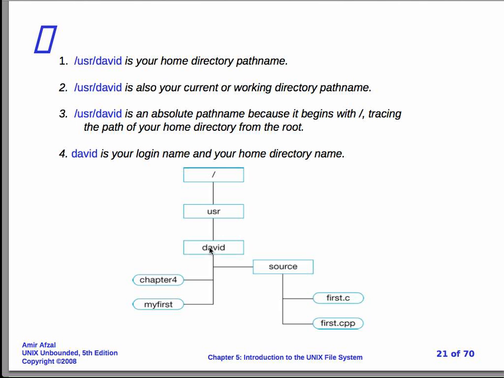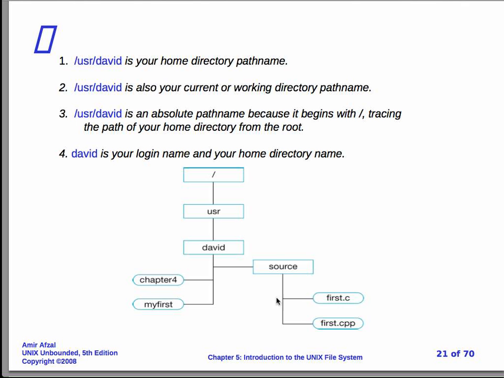If you say source/first.c, you're referring to this file, and that would be a relative path. So if you are positioned over here, if you want to edit this first.c file, you can say from here, vi source/first.c.